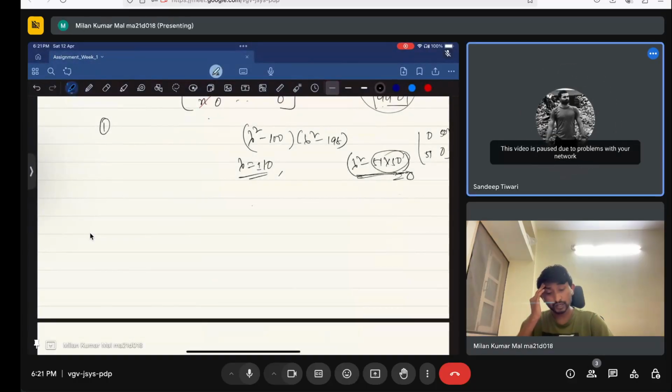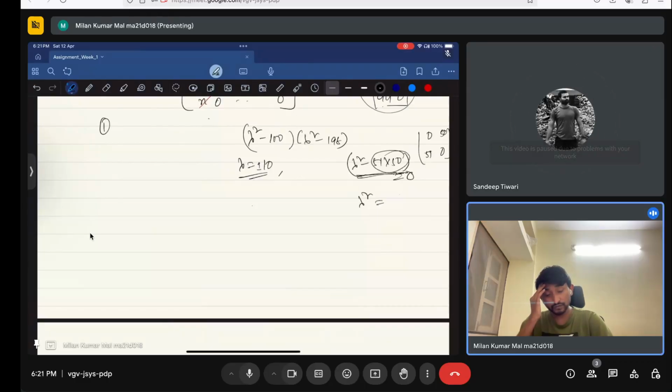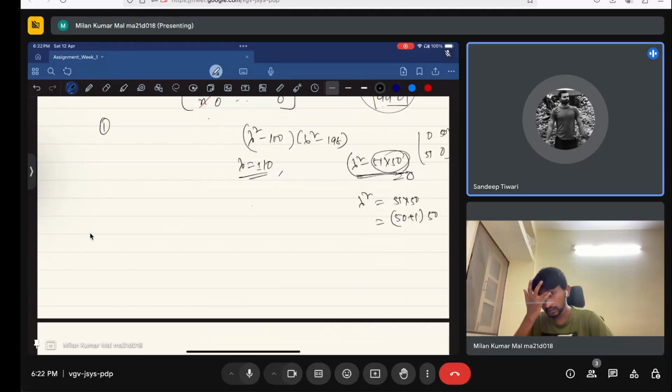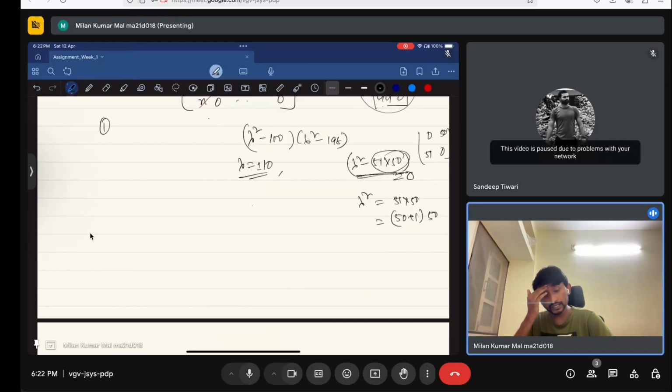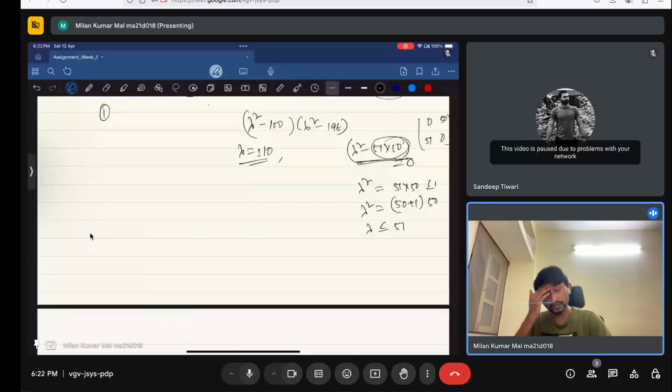Lambda square equals 51 into 50, which we can write as 50 plus 1 into 50, so that is less than 51 square. Therefore lambda will be strictly less than 51, so none of the eigenvalues will exceed 51.